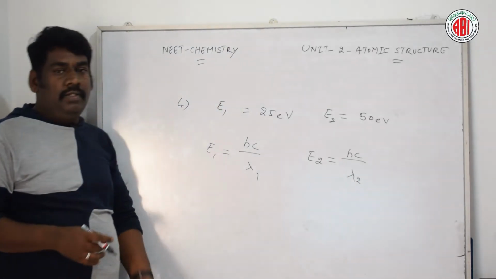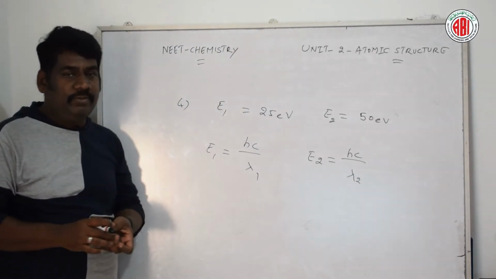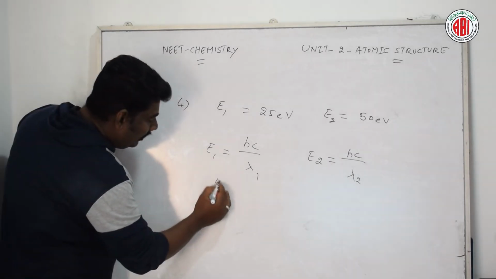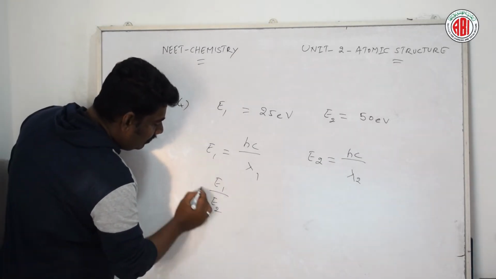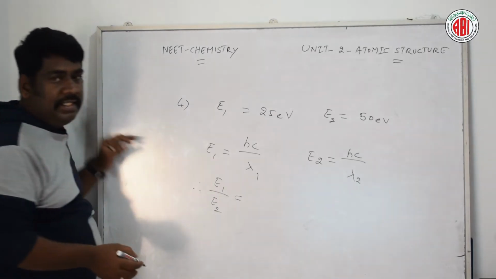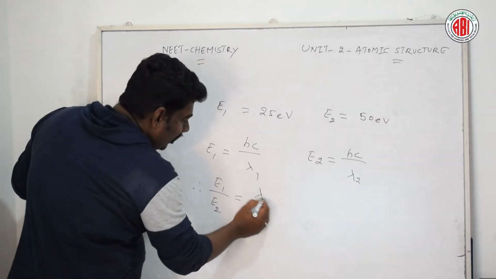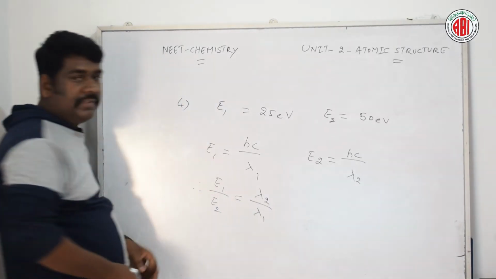Now let us apply all the values given in the question. E1 by E2 can be written as lambda 2 by lambda 1.